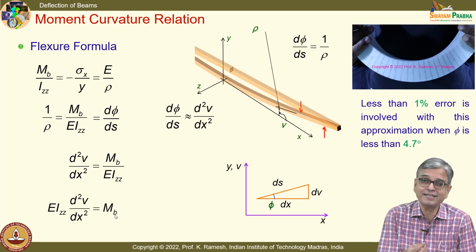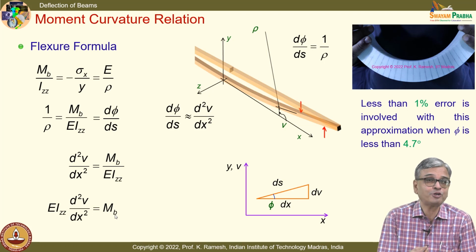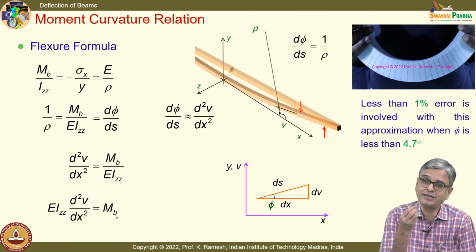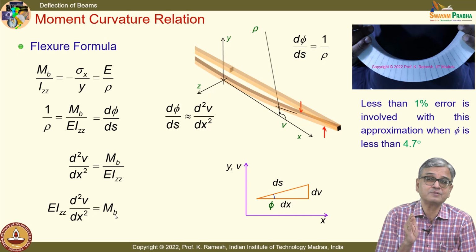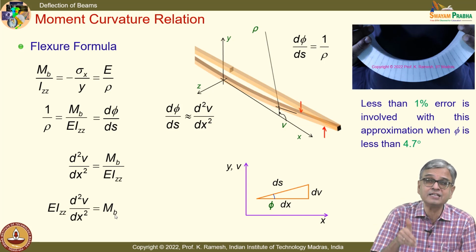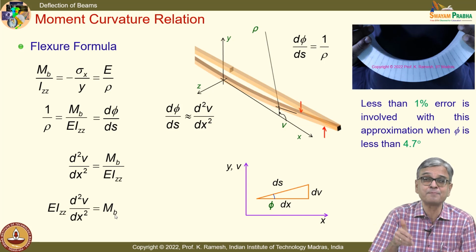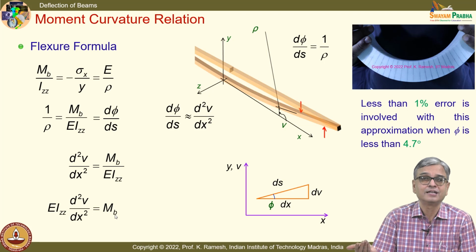We have already seen the shear stress magnitudes are much smaller than bending moment, and provided the beam is slender, you can safely ignore the shear effects. Shear effect becomes significant when the depth is larger and comparable to the length of the beam.